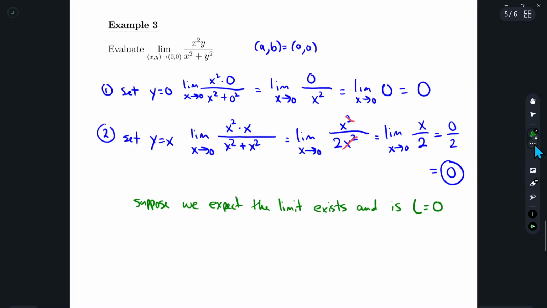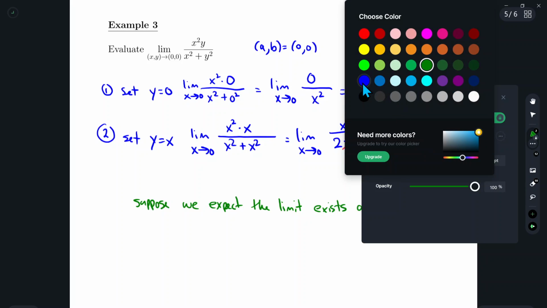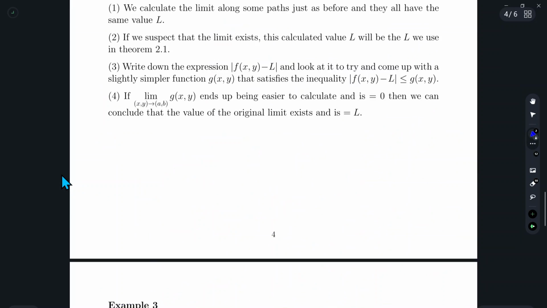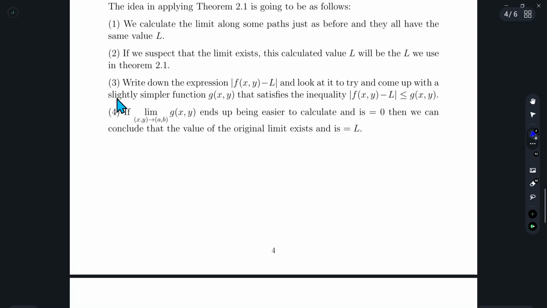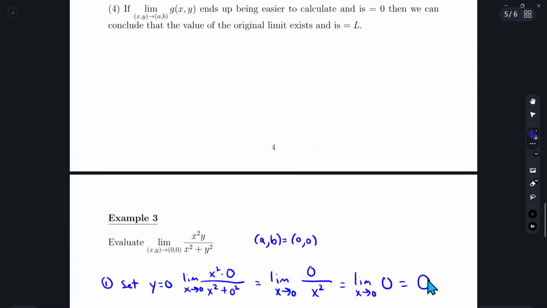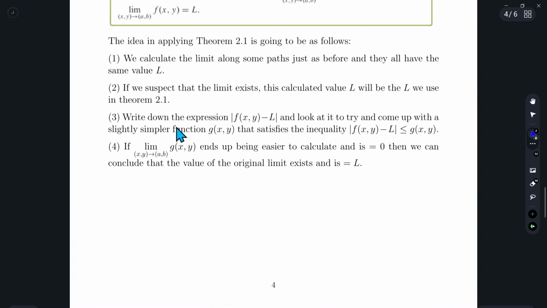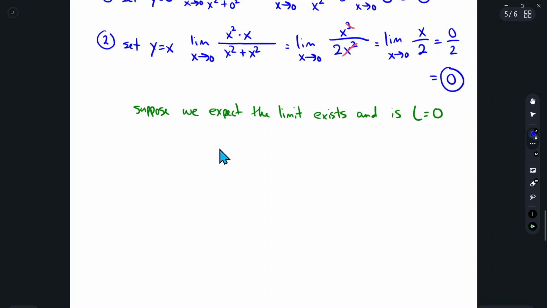Okay, so if we expect the limit exists, we should be able to carry out this procedure outlined for theorem 2.1. So that's the first two steps here, right? We've calculated some of the paths, and we expect that L is equal to 0. So now we're on step 3. So we write down this expression here: the absolute value of the function minus L.